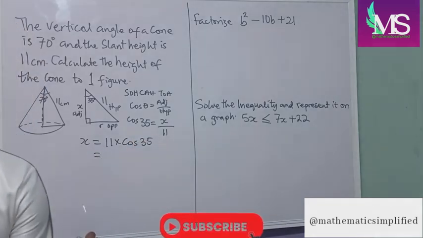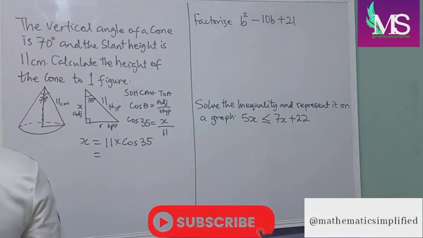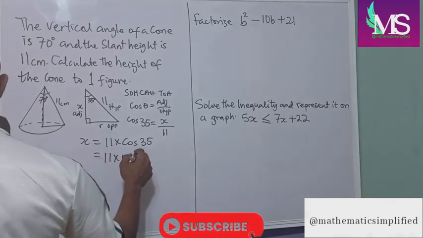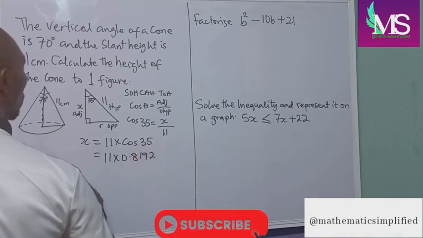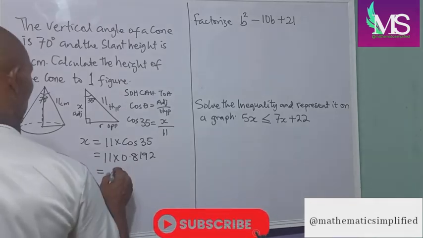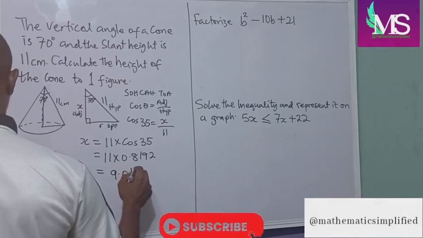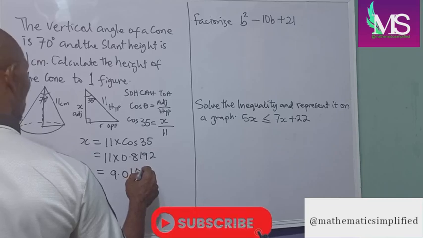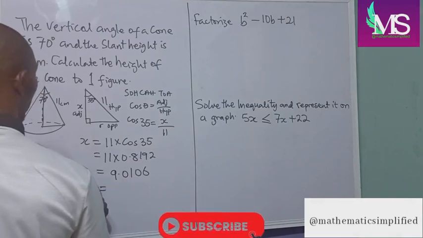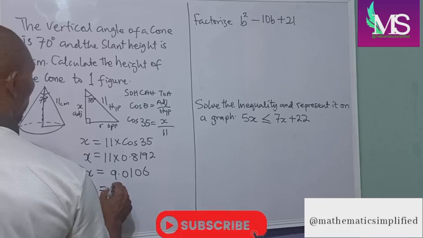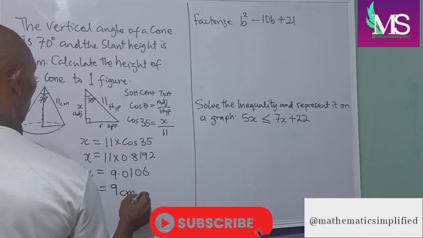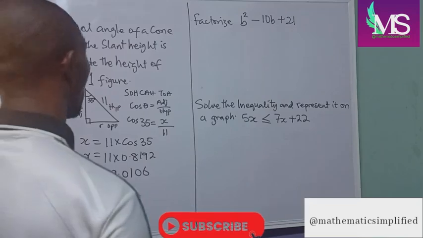Cos 35 would give us 0.8192, times 11 would give us 9.0106. Now since they set it to one figure, x will become 9 centimeters.